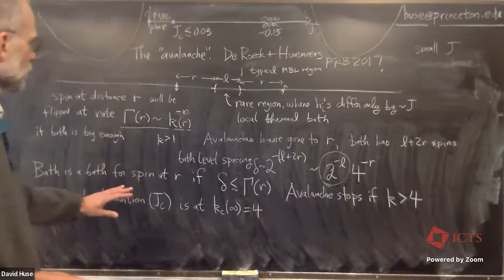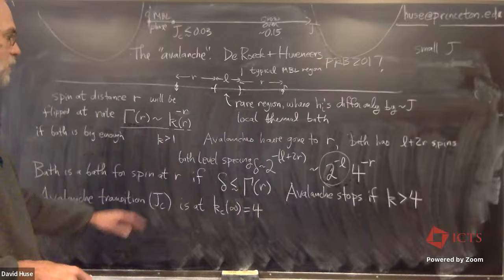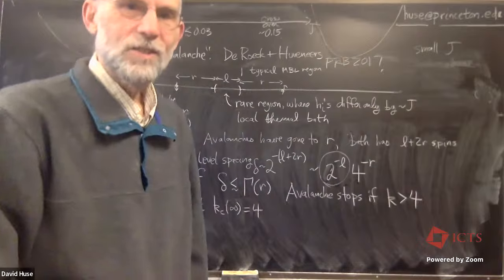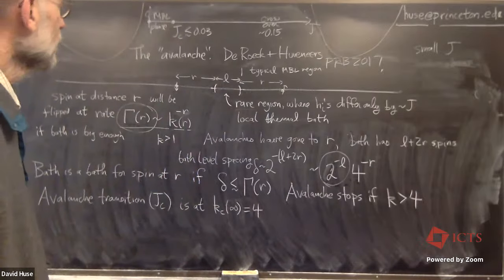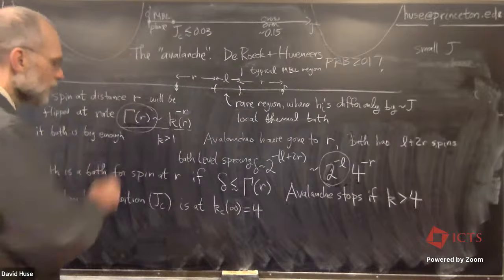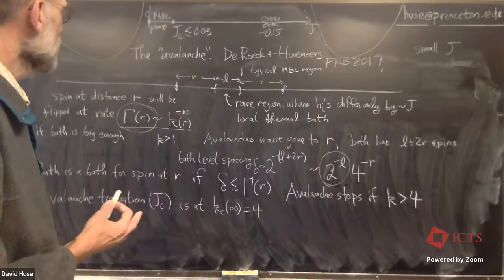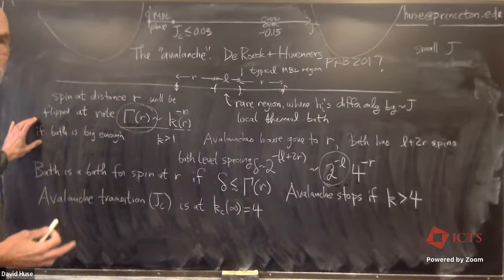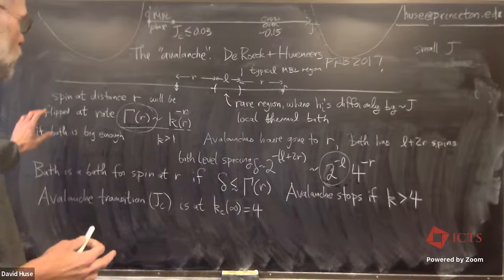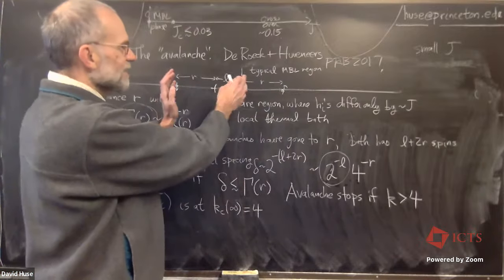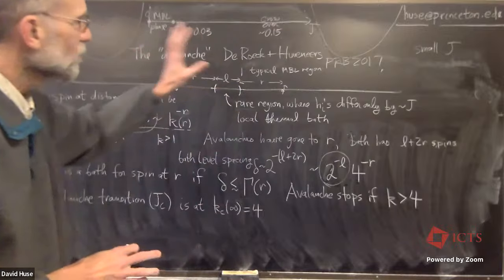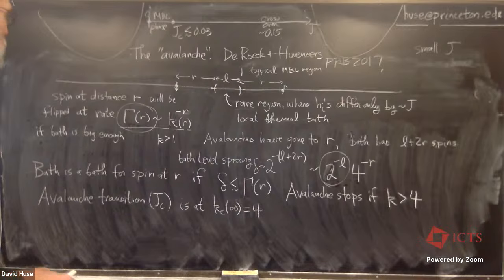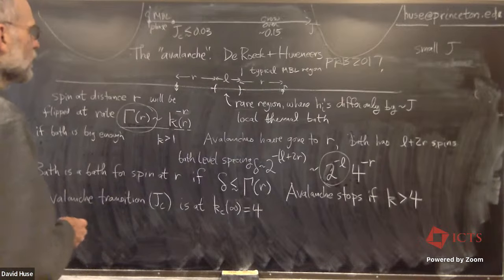Okay, and so we asked, how can we estimate this numerically? So this was all theoretical, but now we're going to look at what this is numerically. And the key step here is this is the decay rate of a spin at distance R if the bath is big enough, right? So we don't worry about the avalanche getting started. The arguments that the avalanche will get started are quite good, and that's not the issue.